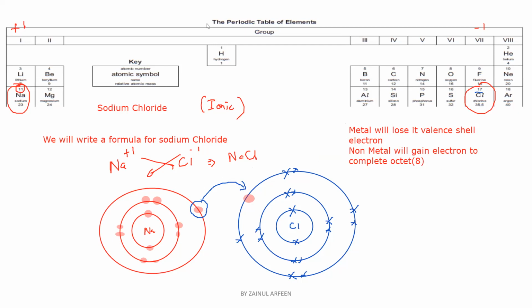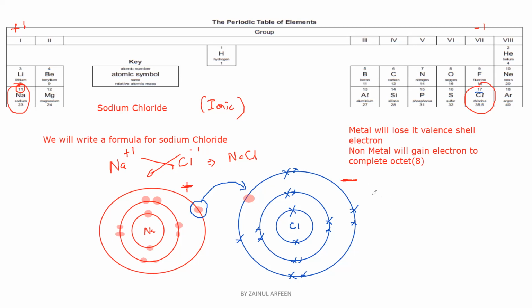So when the sodium will lose electron, what will be the charge on the sodium? When the metal loses one electron, so what will be the charge? It will be positive. And when the chlorine gains electron, now it is having extra electron. So what will be the charge on this chlorine? The charge on the chlorine will be negative or -1.